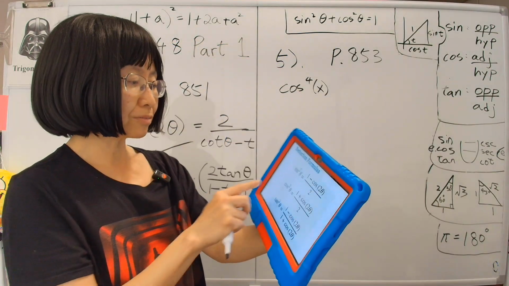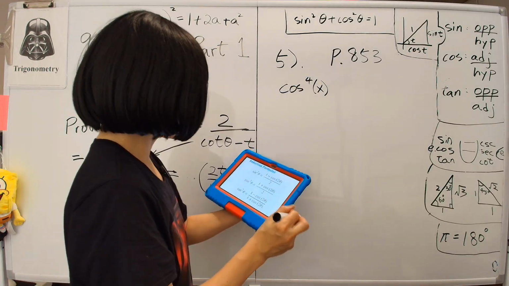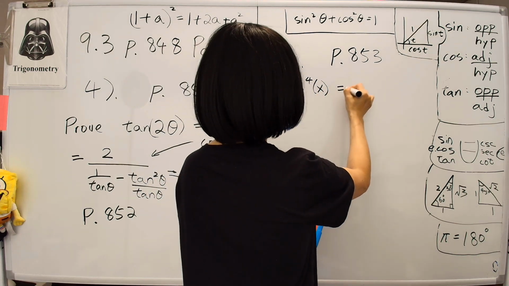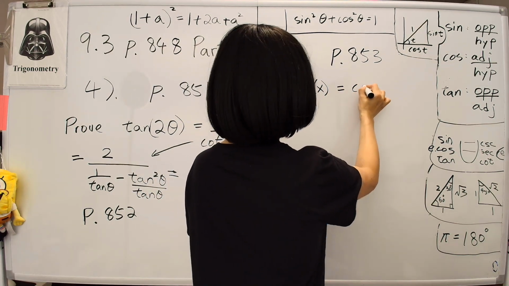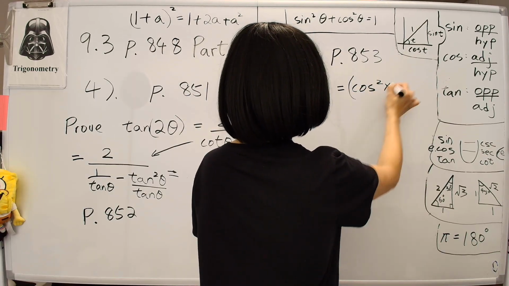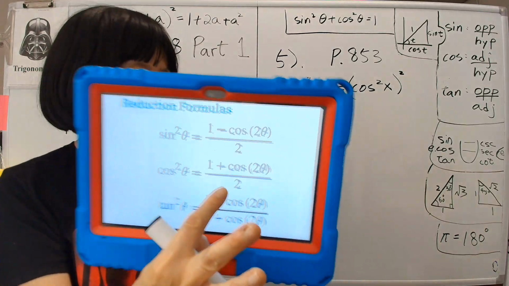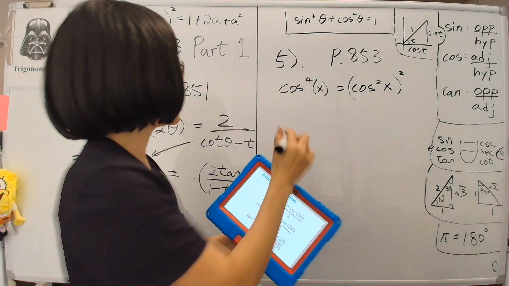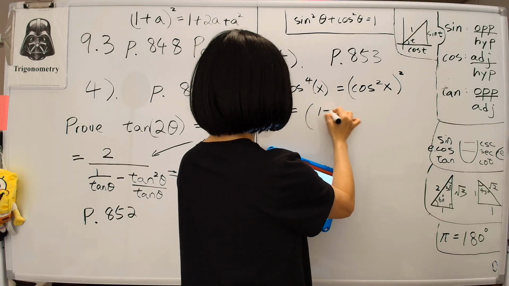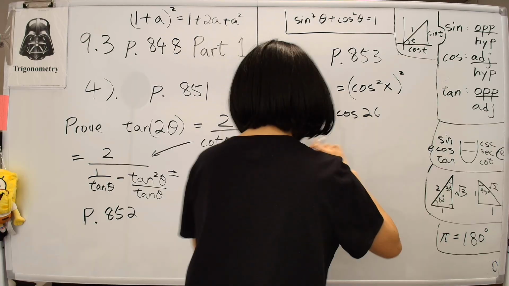First, we'll use the cosine squared theta formula. Cosine to the 4th is the same as cosine squared x, and then squared. Cosine squared theta, or x, is given by this formula, so we're going to write that down: 1 plus cosine 2 theta, divided by 2.